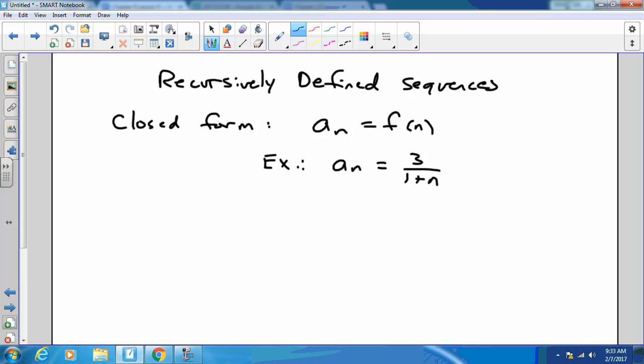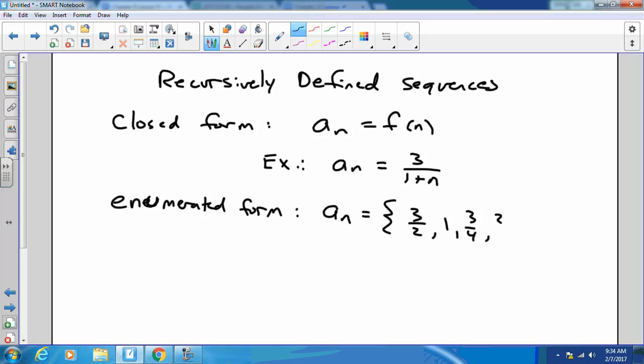They're easy to work with, and we can tell convergence pretty easily most of the time. We have enumerated form, in which you get the first few elements, maybe in this case 3/2, 1, 3/4, 3/5, and it is your job to figure out the pattern.